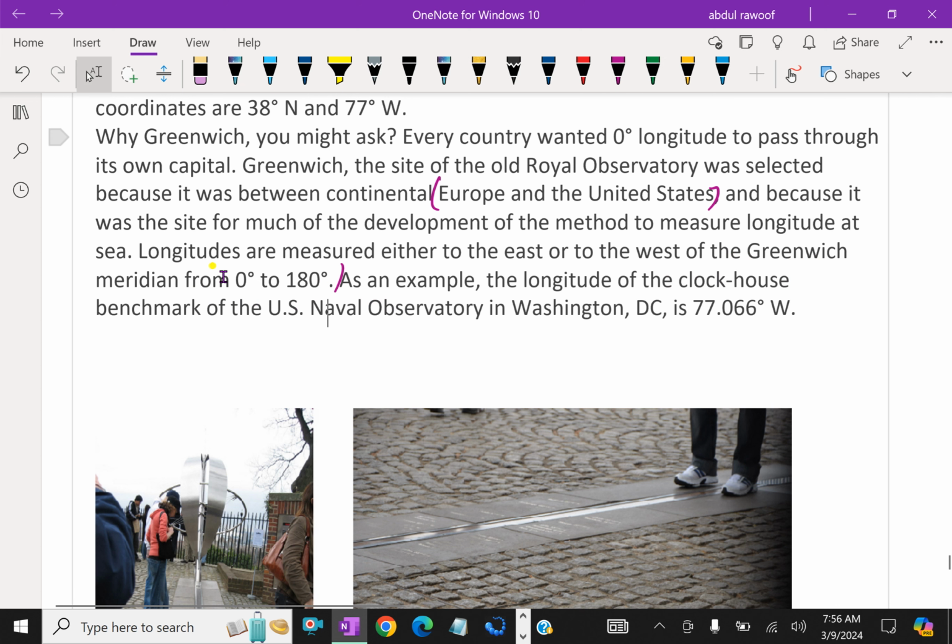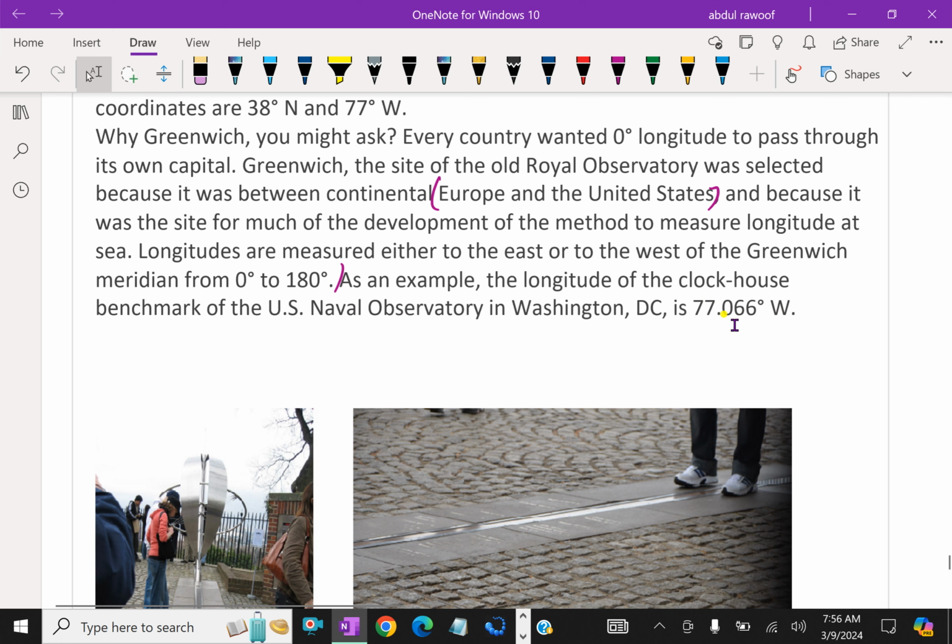At sea, longitudes are measured either to the east or west of the Greenwich meridian. As an example, the longitude of the Clock House benchmark of the US Naval Observatory in Washington, D.C., is 76.0066 degrees west.